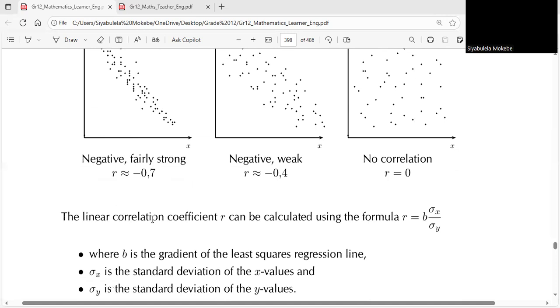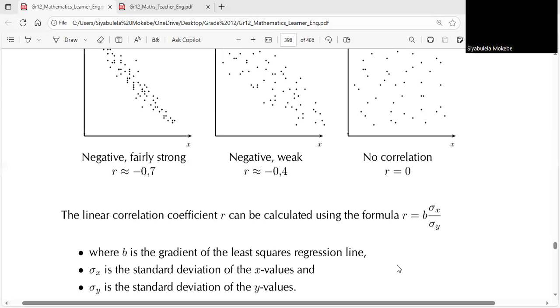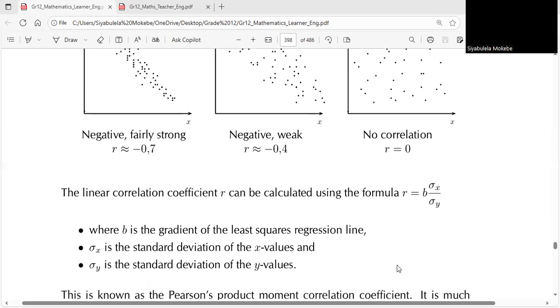The linear correlation coefficient R can be calculated using the formula R equals B, right? Where B is the gradient of the least squares regression line, and then this is the standard deviation of the X values and the standard deviation of the Y values.